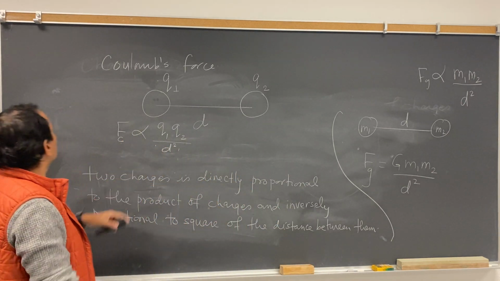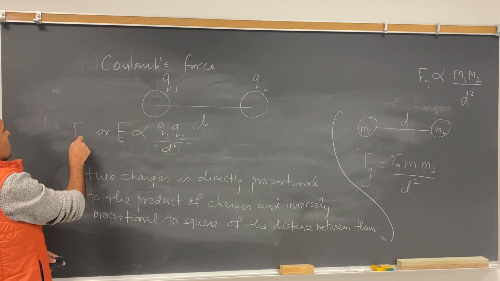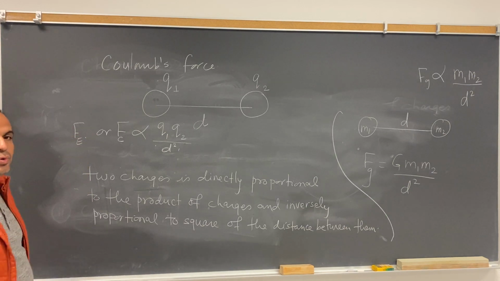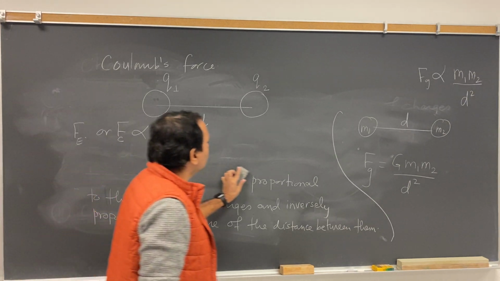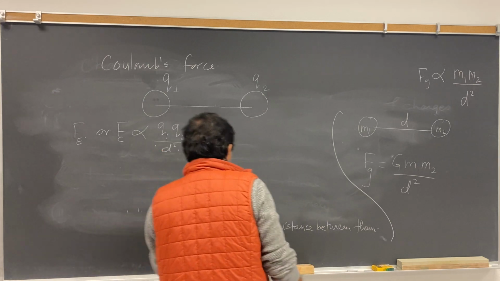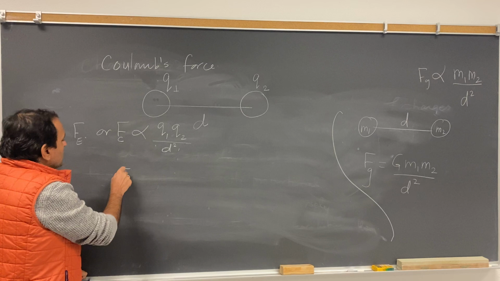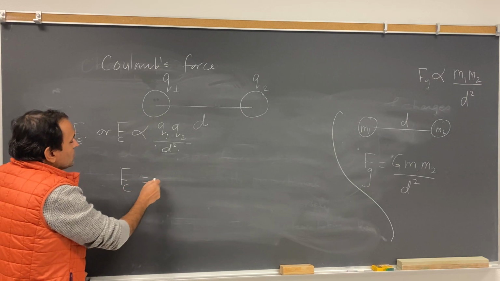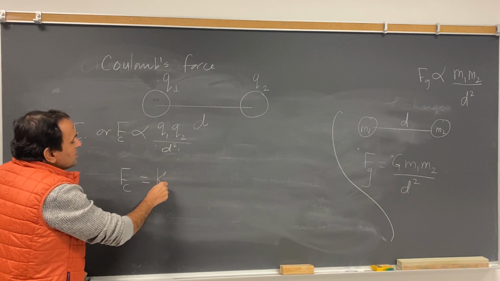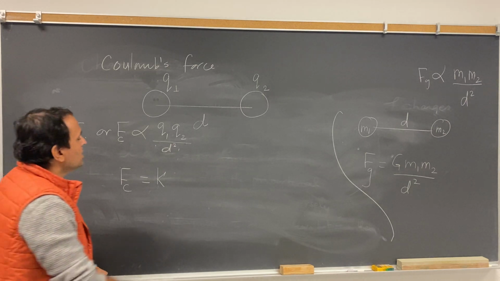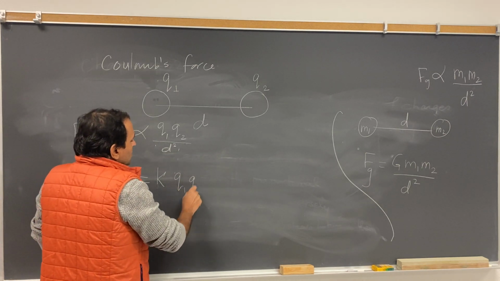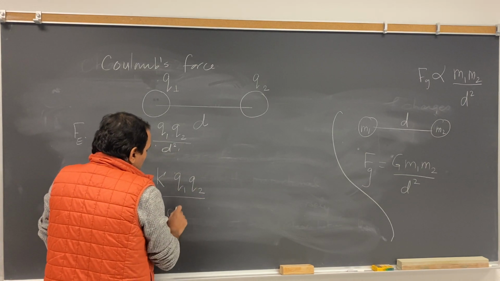F of c, or people also write F of E, electrostatic force, Coulomb force, is proportional to Q1 times Q2 divided by d square. Or you can write F of c equals K Q1 Q2 divided by d square.